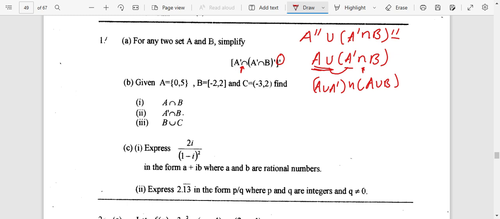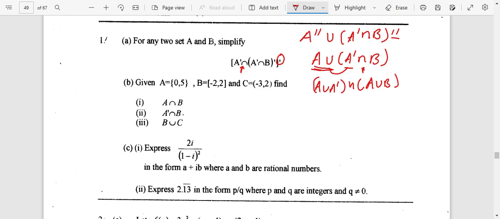It's going to be what? I'm waiting. It's going to be what? I thought we know this.